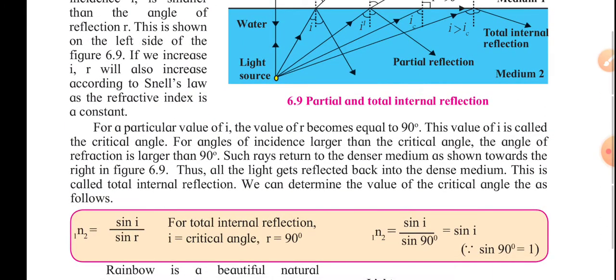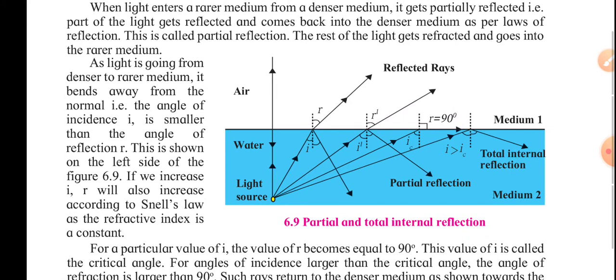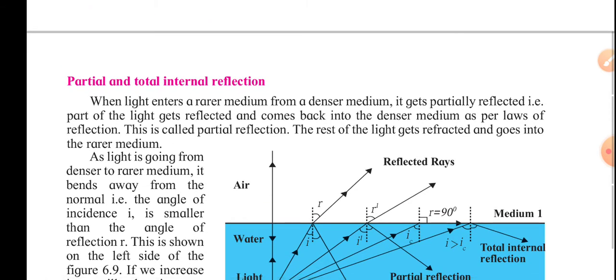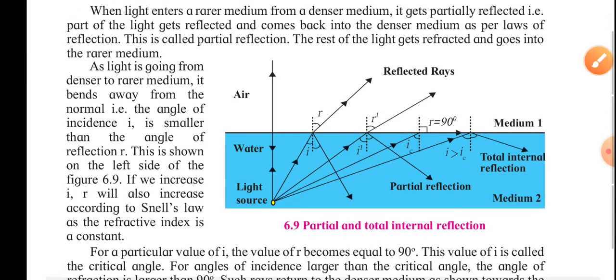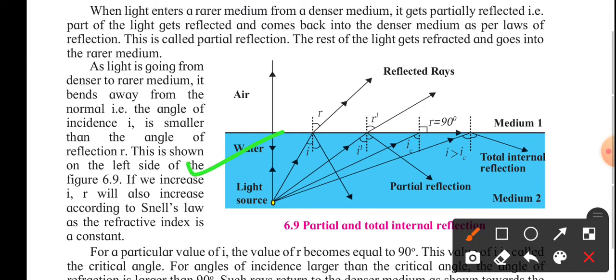But before going, you have some activities to complete and post back to me in the classroom. You have to draw the diagram of dispersion of light. Along with that, you have to draw the diagram of partial and total internal reflection and post it back to me in the classroom app.